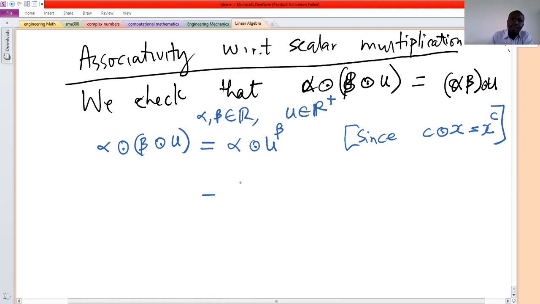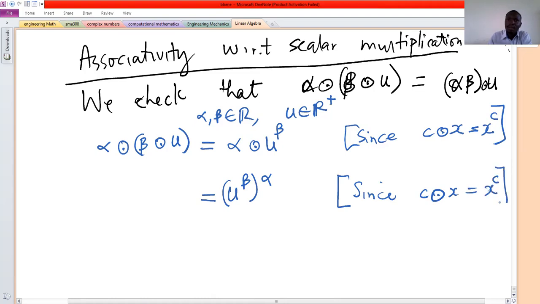Next, this is the same as u raised to the power beta raised to the power alpha, since C multiplied by x is the same as x raised to the power C. This is the definition of scalar multiplication on this set. And then this can be written as u raised to the power alpha beta. This is law of indices.